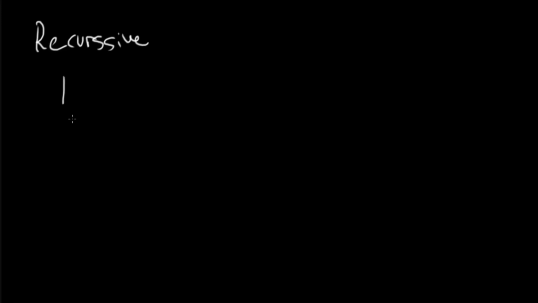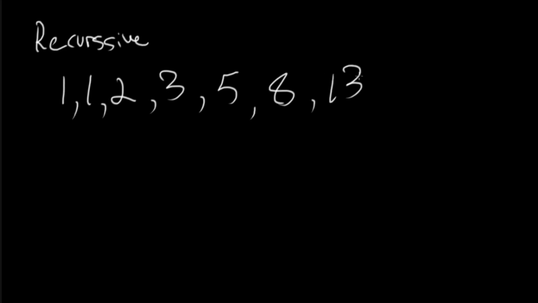If I take the sequence 1, 1, 2, 3, 5, 8, 13, 21, and so on, this is hard to describe. Not impossible, but hard to describe explicitly. But very easy to describe recursively, meaning that if you know a term, do you know the next term? So what is this sequence? If you have never seen it before, it is called the Fibonacci sequence.